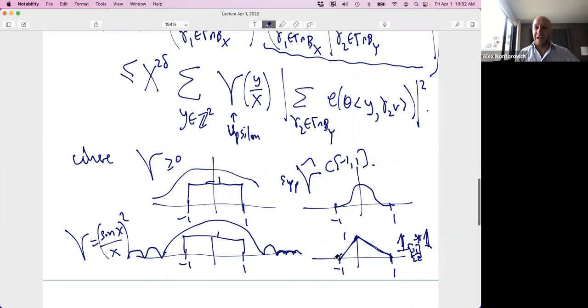So this tent function is the convolution of a function with itself, which means its Fourier transform will be a product of a function with itself. The Fourier transform of a flat interval is sinc, sine x over x, so the convolution gives the product of sinc with itself, which makes it a square.